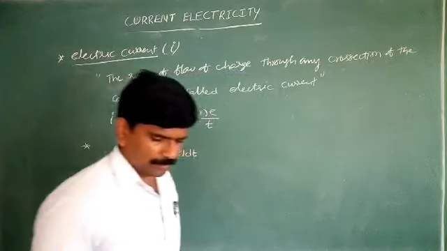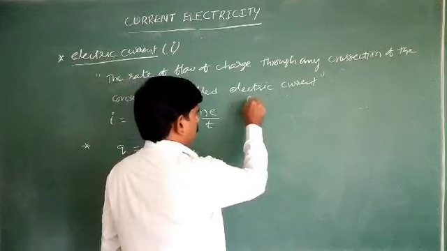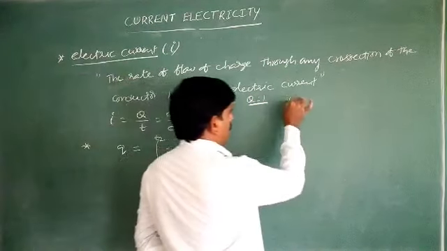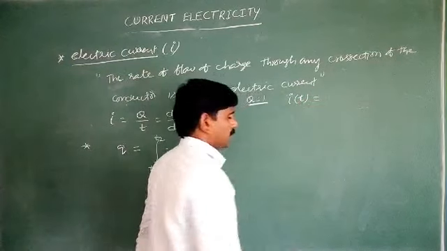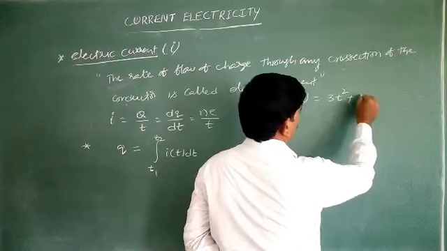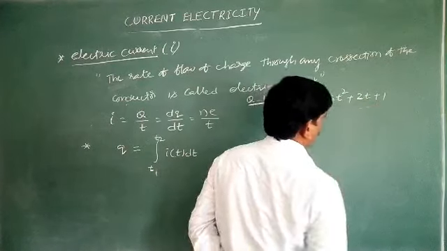Yes, observe here. Question number 1. Current I is variable and is equal to 3t square plus 2t plus 1.